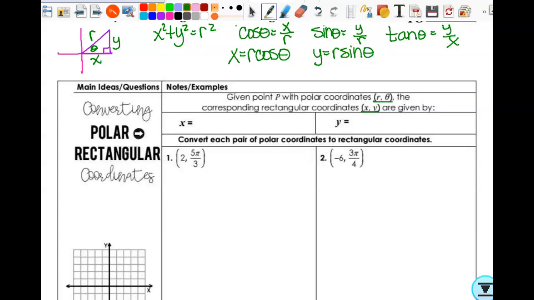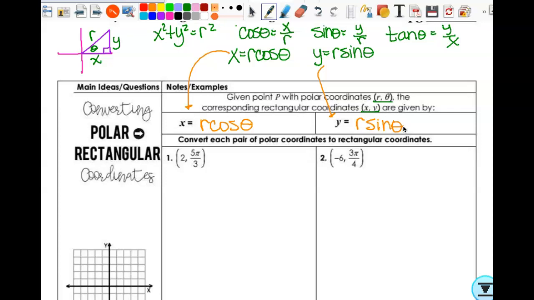Plus, if you're in AP Physics, that's your mg cosine theta, mg sine theta, right? And this is going to go right here. So x equals r cosine theta, and y equals r sine theta. So cosine's still hanging out with x, sine's still hanging out with y, like it always will.